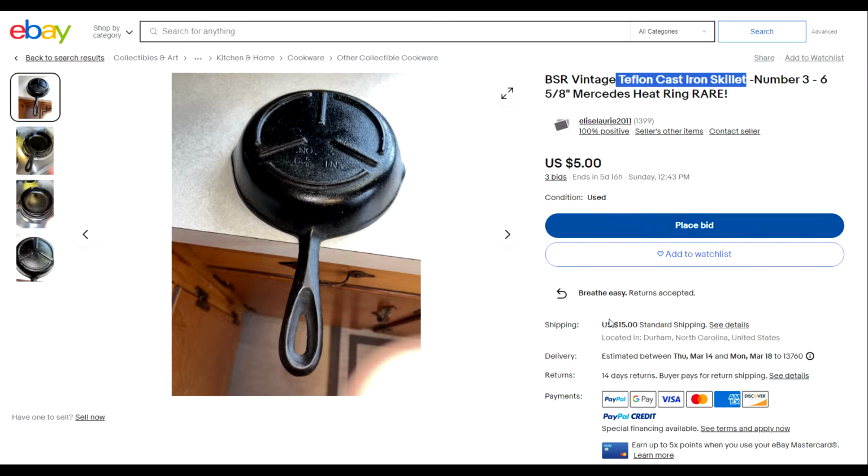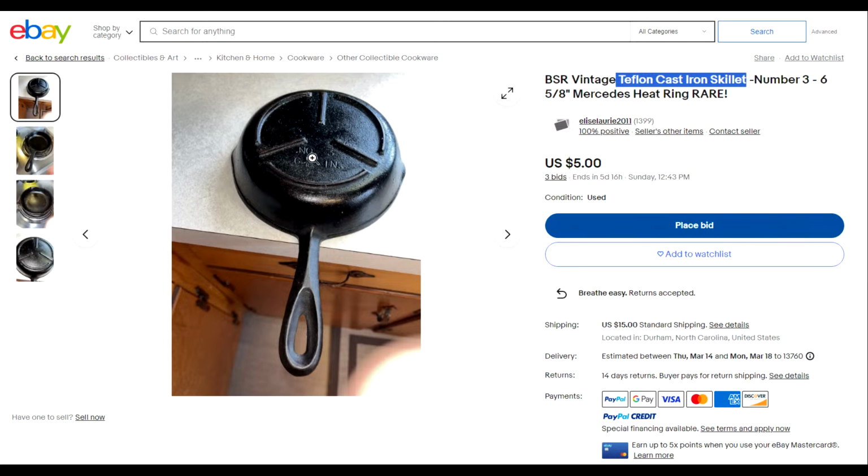Maybe even with the $15 shipping cost if you felt it was worth it. I don't own a Mercedes skillet yet, and considering, again, I say this a lot, the size of my collection, it's not something that I'm going to go out of my way for.